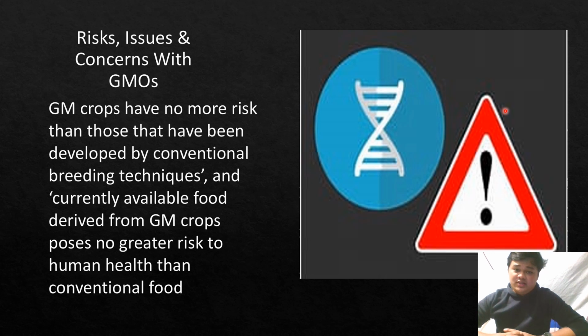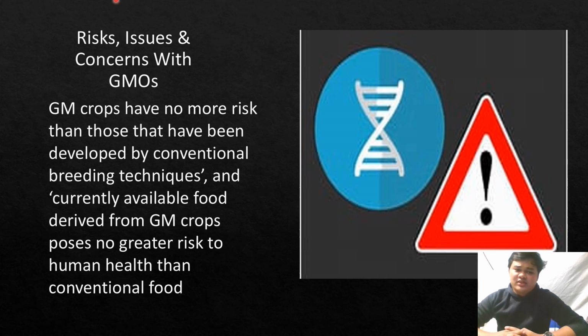But there is a scientific consensus that currently available food derived from GM crops poses no greater risk to human health than conventional food, but that each genetically engineered food needs to be tested on a case-by-case basis before it can be used.